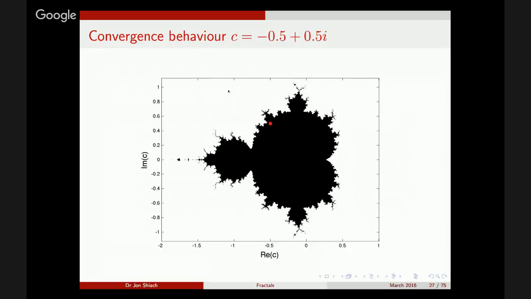Okay, so I'm just going to have a look at convergence behavior. So let's take a different starting point, minus a half plus a half i. If you calculate the various iterations for that, I'm just going to show you where you end up. On the first iteration, you go down there. Next iteration, we're up there.